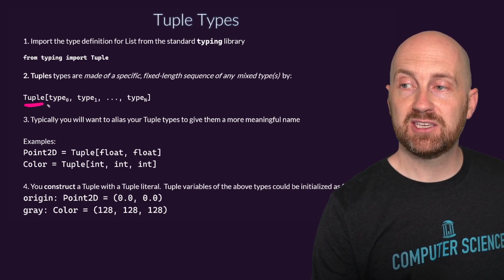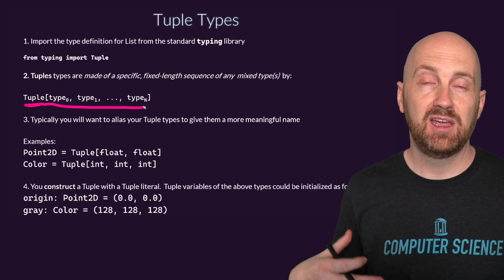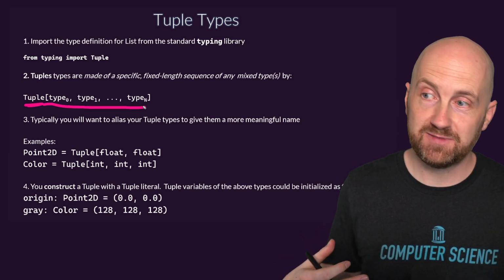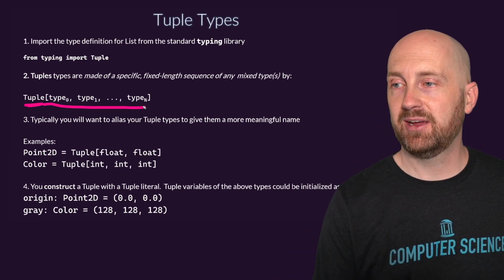Within the square brackets of the type, we're saying a tuple of specifically the first value's type, the second value's type, the third value's type, and so on.